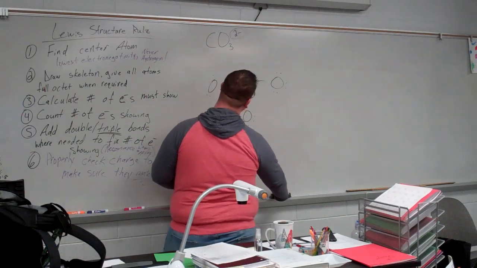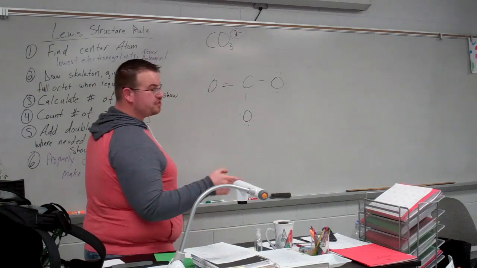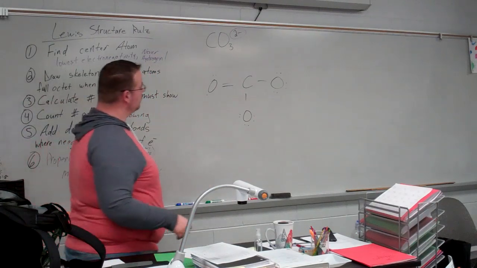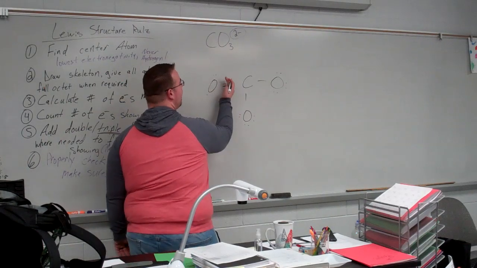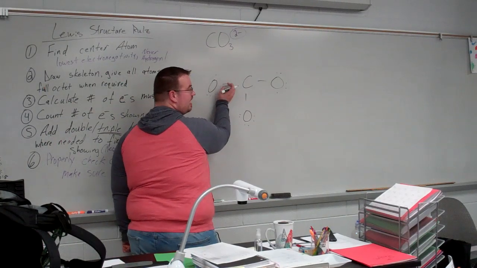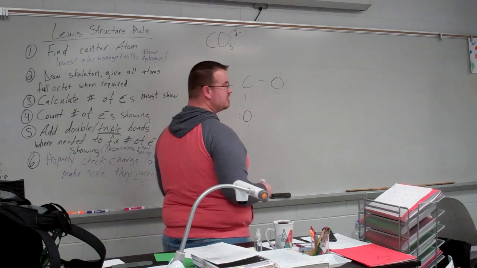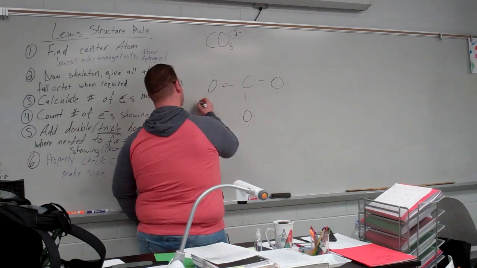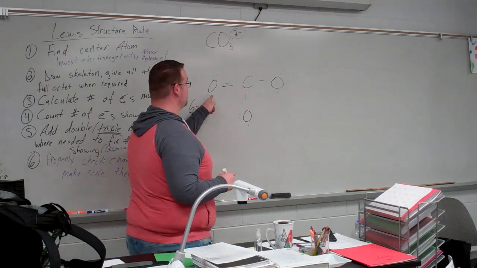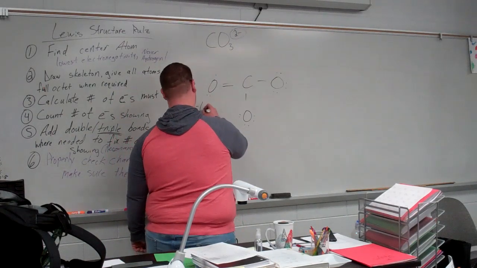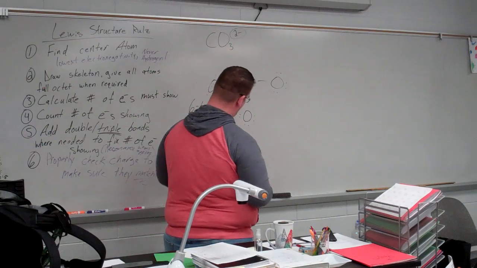But you must also keep in mind, check for charges. Look at this oxygen. You're going to split that bond in half, mentally, electrons split to the sides. This oxygen starts with 6 valence electrons, and in this case it's showing 6 valence electrons. So 0, it's neutral.